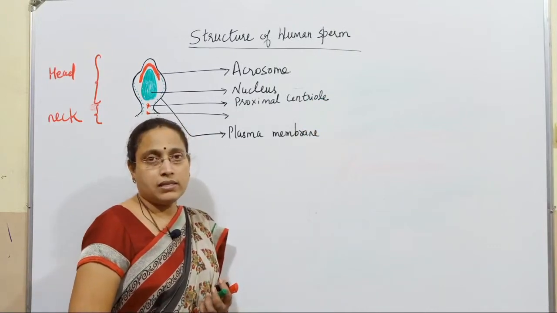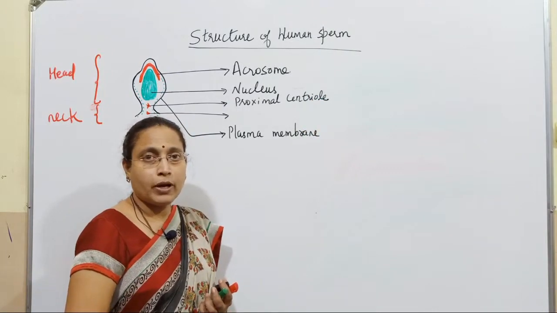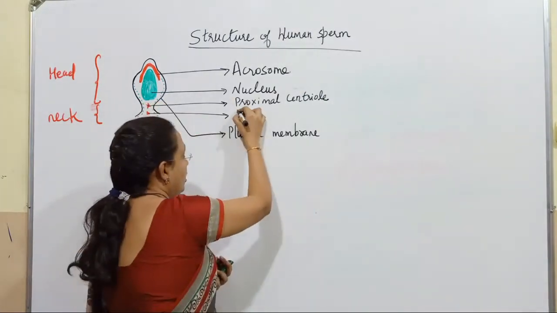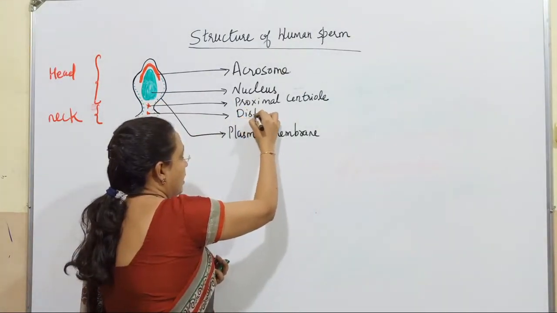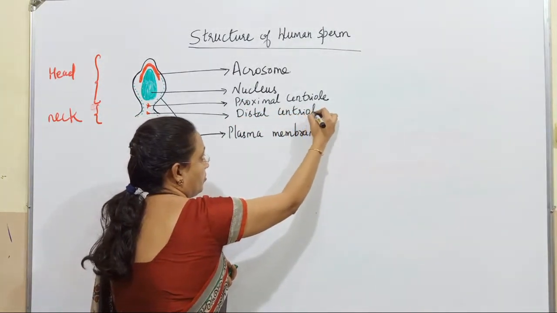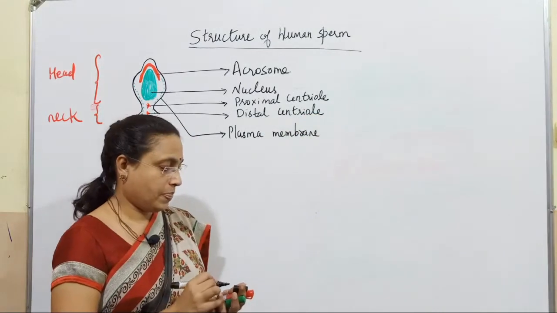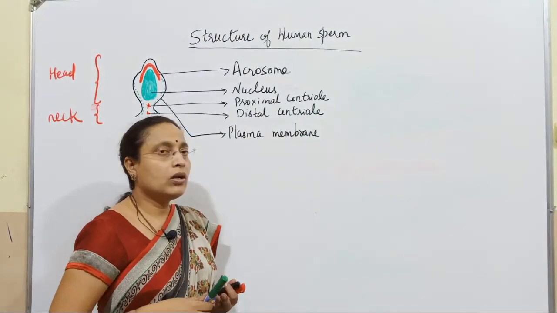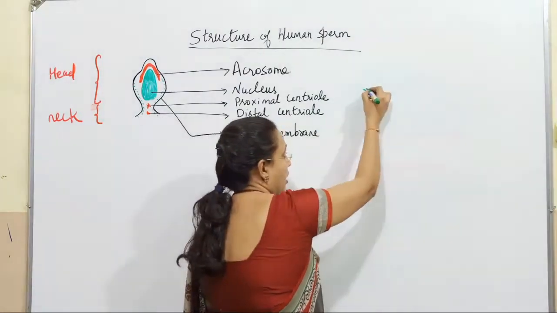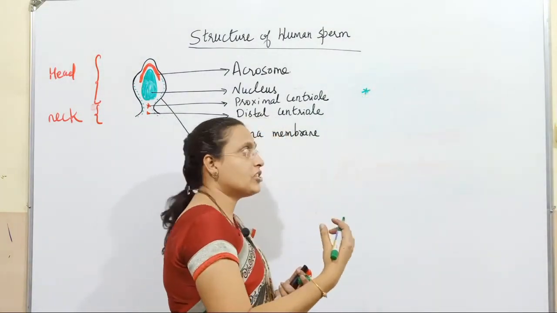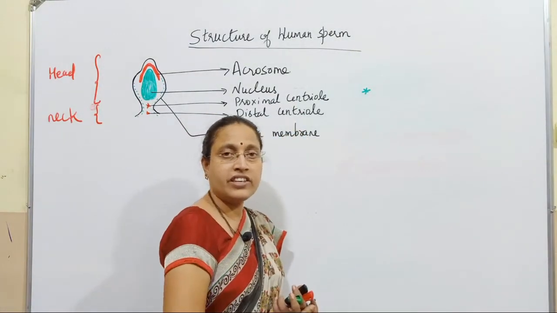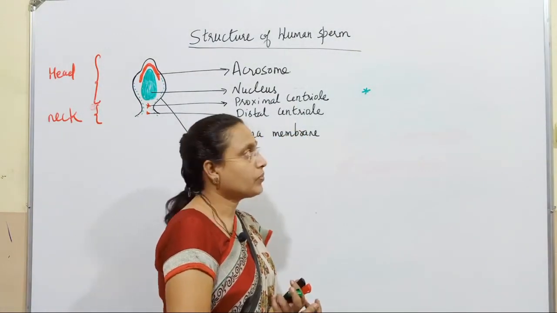And another is just below the proximal centriole, in the neck region. It is called the distal centriole. Now, what is the function of the proximal centriole? Based on its location, which is near to the nucleus, is it proximal or distal? Proximal is near to the nucleus.